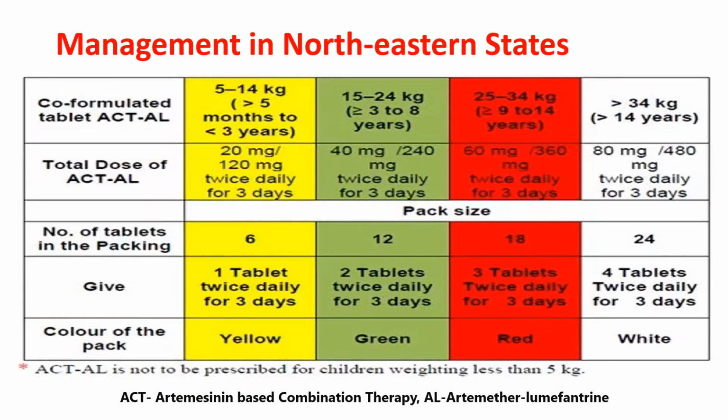So in case of northeastern states, the ACT-AL regime is practiced. Here ACT is the artemisinin based combination therapy and AL is artemether-lumefantrine. You can see the dosage given according to the body weight of the person and the age concerned.